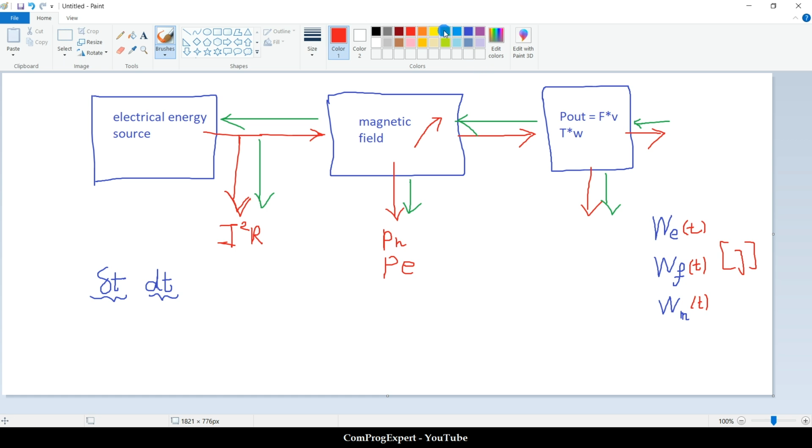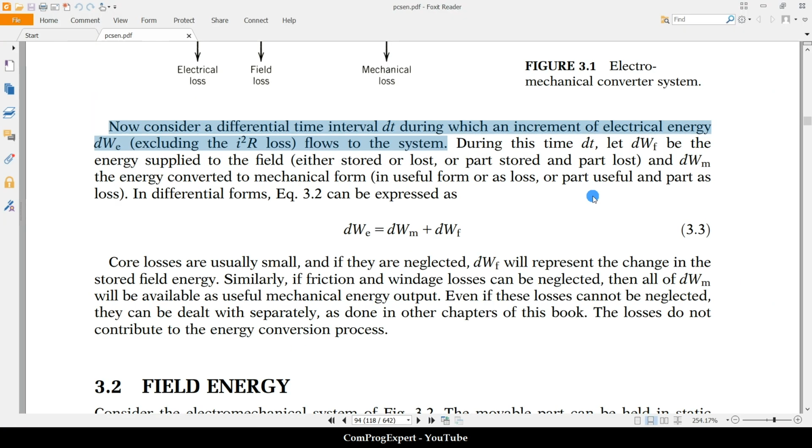Okay, but for a time interval dt, let's analyze how much change we have in the value of these functions. dWe is the change in the electrical energy that flows to the system during this time dt. Let dWf be the energy supplied to the field.